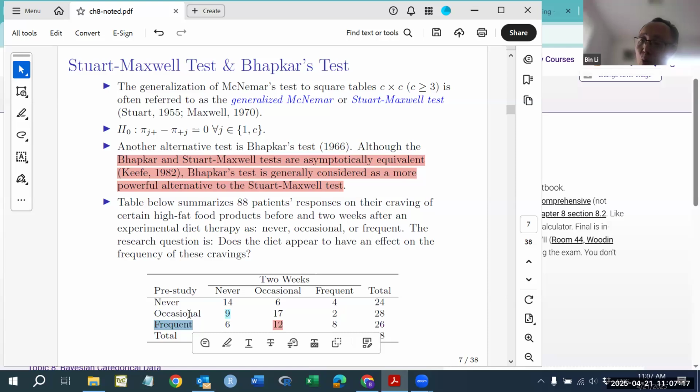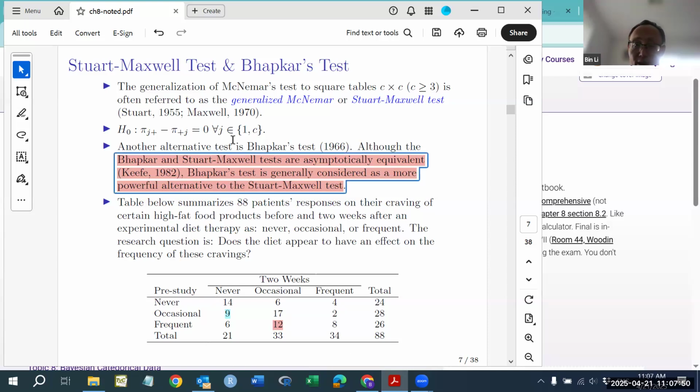And after a 2-week diet therapy program, they are asked the same question again. So it's a pre-post study. After 2 weeks they answer the same questions, and these are the results. So just like McNemar, this is matched within themselves, right? But instead of 2 categories, we have 3 categories.